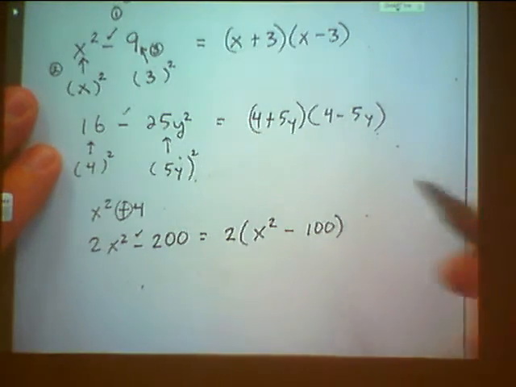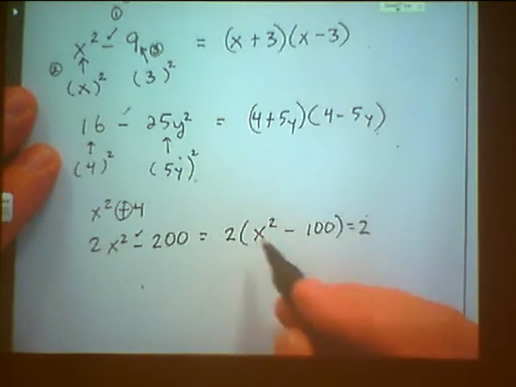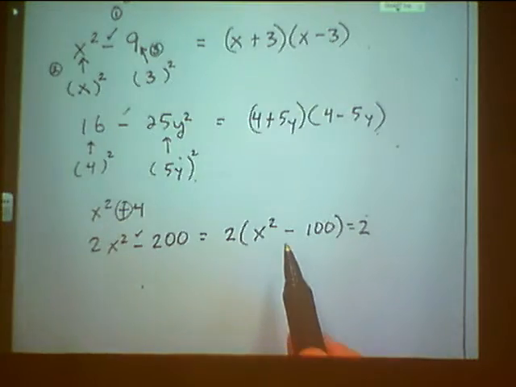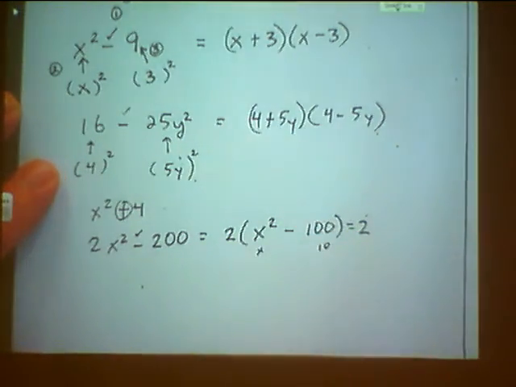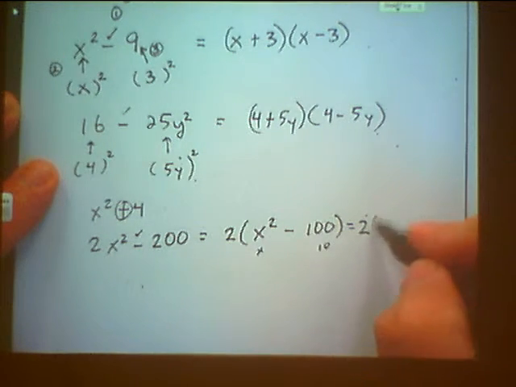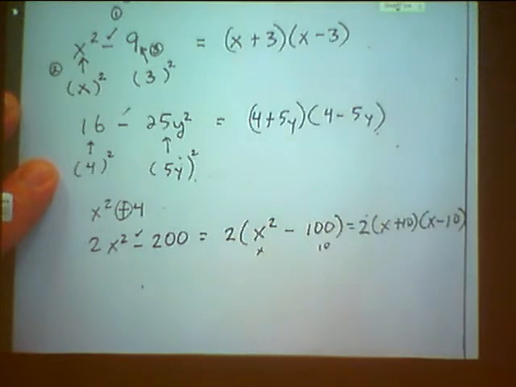Now, hopefully by now you're getting pretty good and you realize this is a difference of squares. I've got a subtract, x and x here and 10 here. So I have 2 times x plus 10, x minus 10.